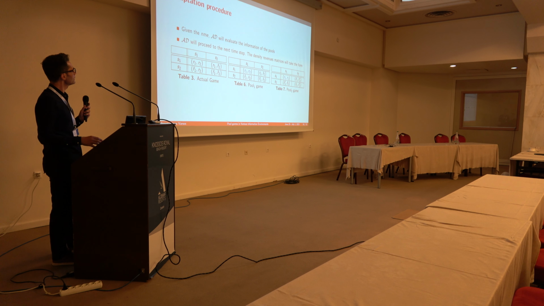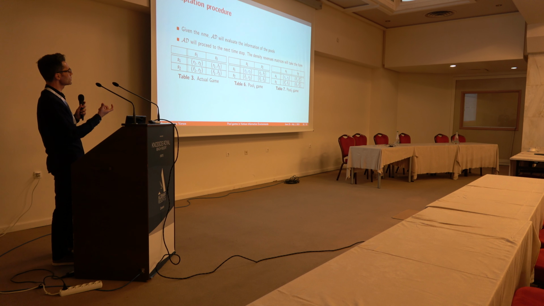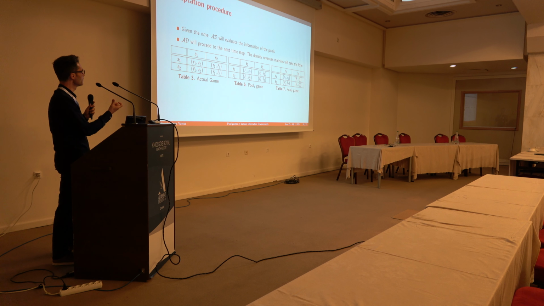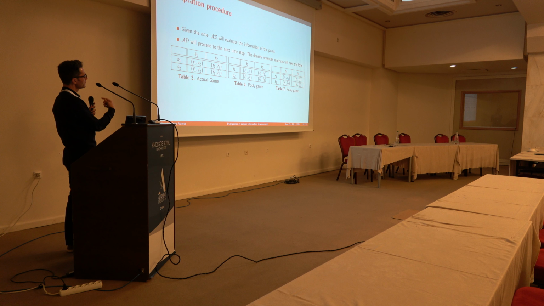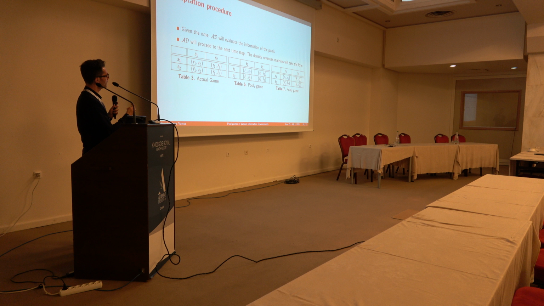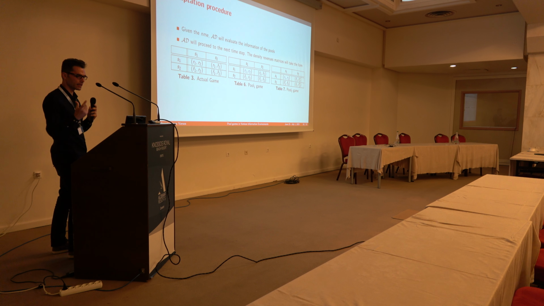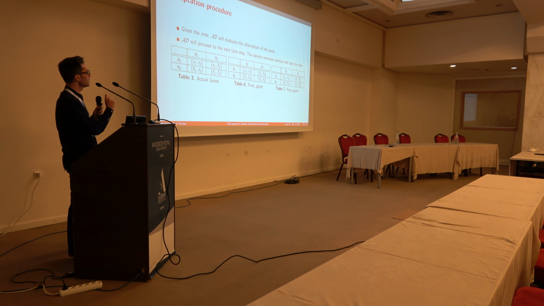After they reach the joint decision and construct the equilibrium, the environment will provide to these two pools the actual values for this joint decision, and then the pools will update the information they have about this joint decision, and now in this specific entry in tables 6 and 7, they have the correct values as provided by table 3.